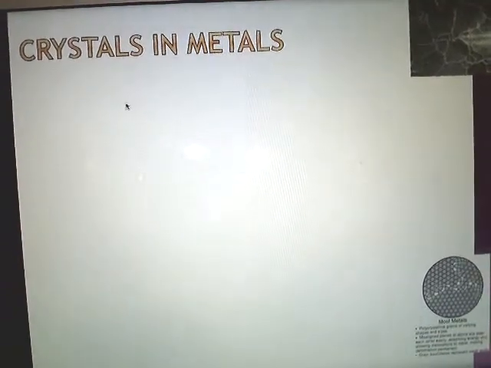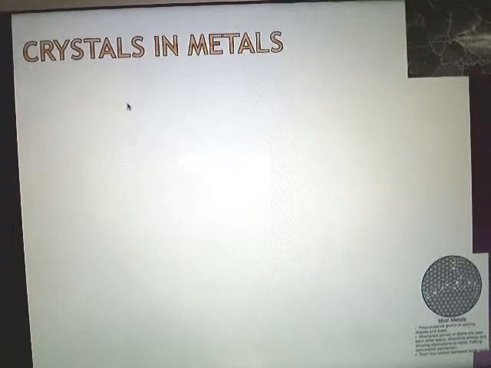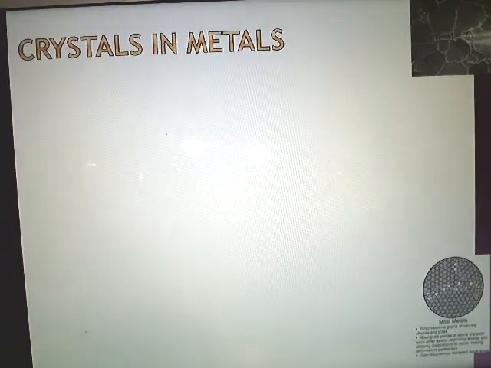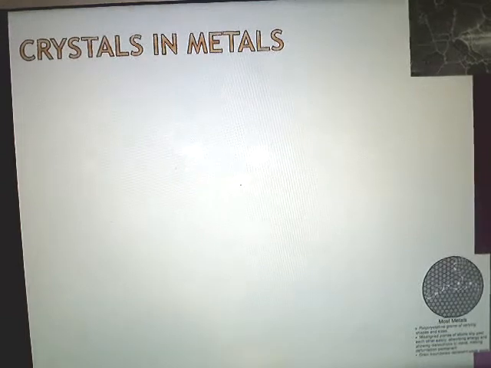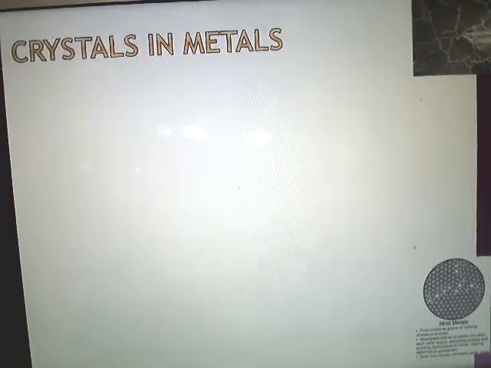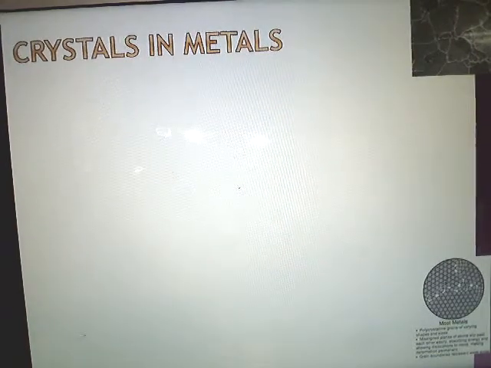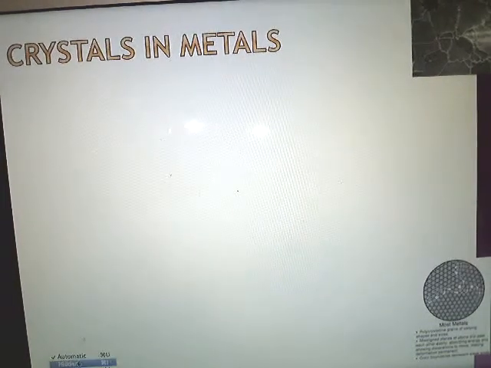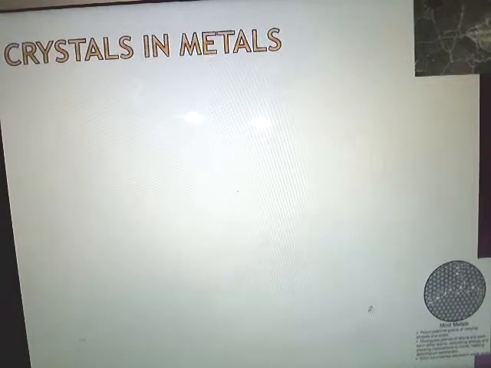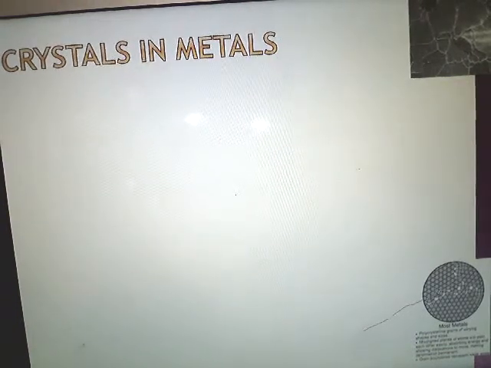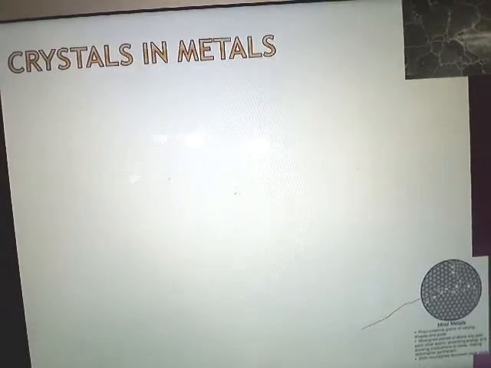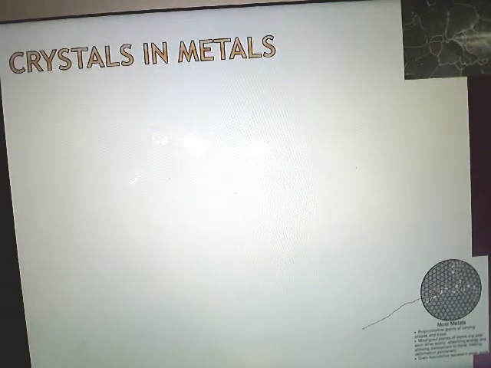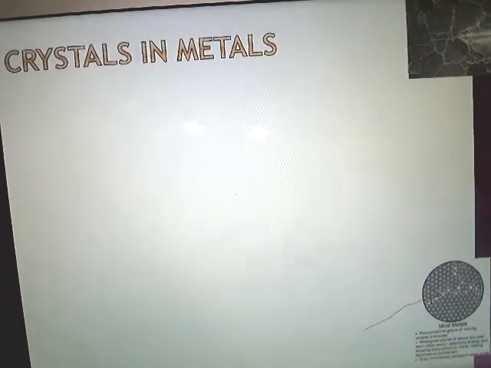Now we're going to start exactly where we left off, talking about the idea that metals are not just one whole large lattice, and that in fact they actually have tiny crystals. For example, here we have crystals and we've got gaps in between the crystals.